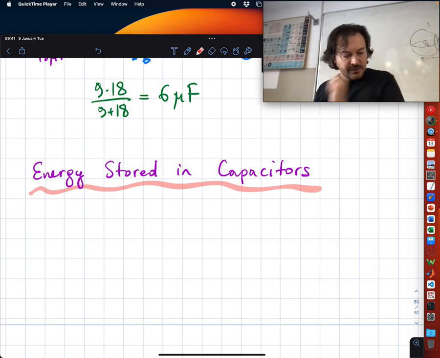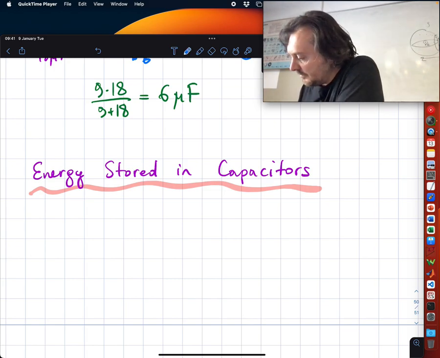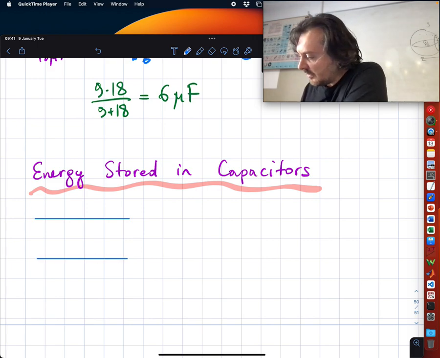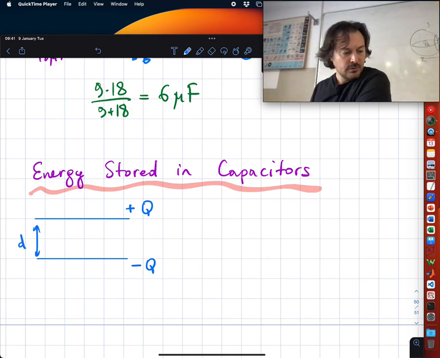So let's say I take a parallel plate capacitor like this, and I will charge this one plus Q, this one minus Q, and the distance is D. All right?